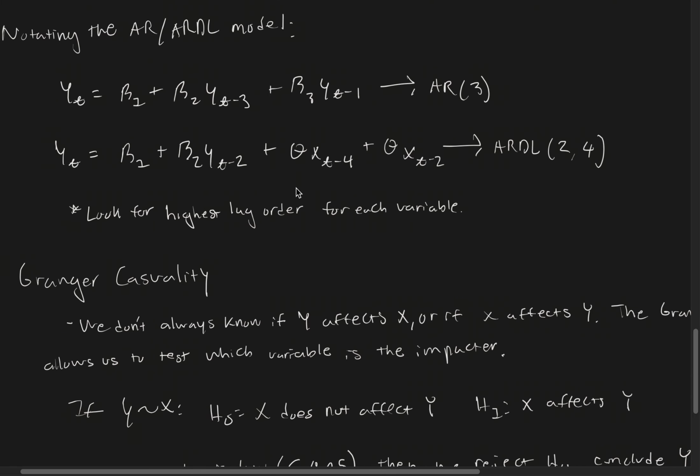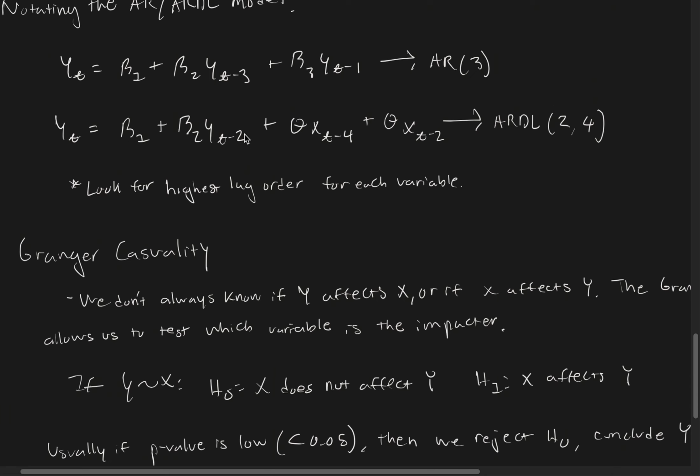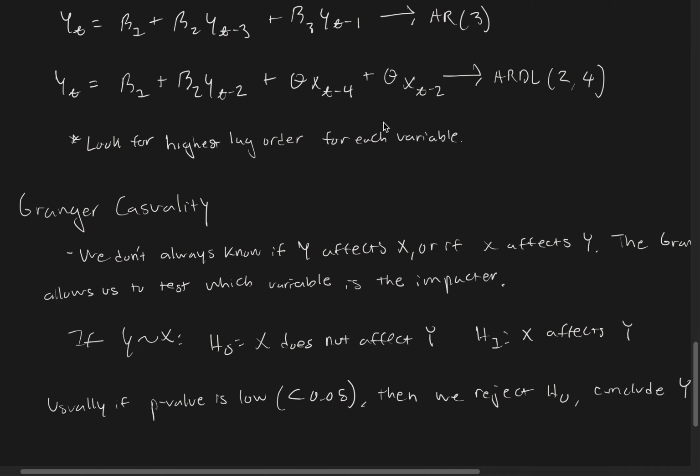So 2 lags of the y, and then 4 lags of the x. So 2, 4. If we have another explanatory time-based variable like a z, and it's a 3, then we'll write another 3 here. But yeah, you get the pattern. Always the highest lag order for each variable, despite maybe missing some lag variables like right here. Intuitively, we should have a 1 and 3.